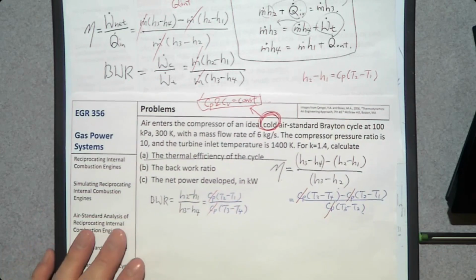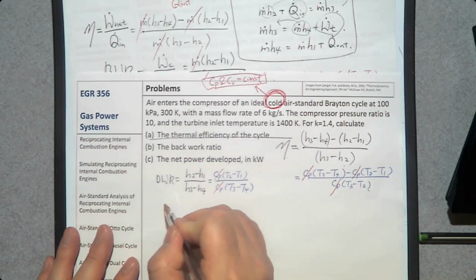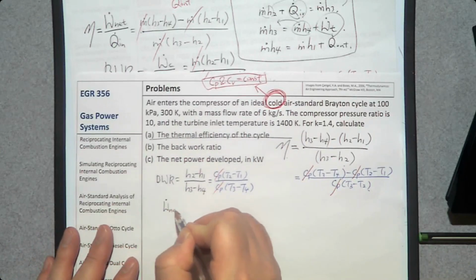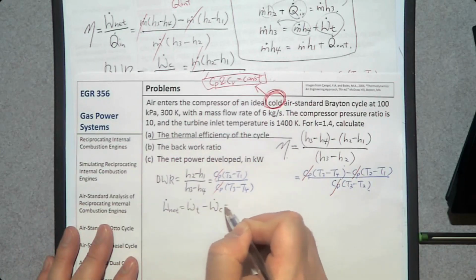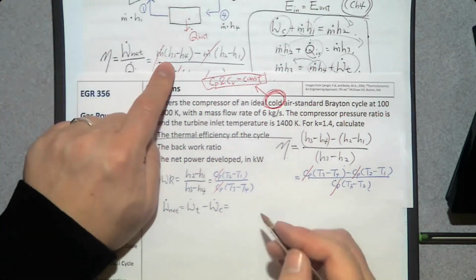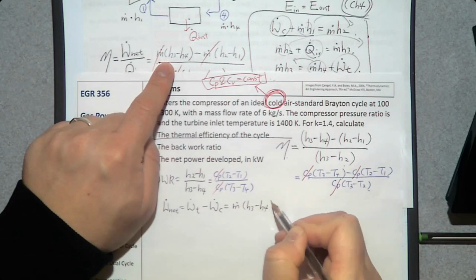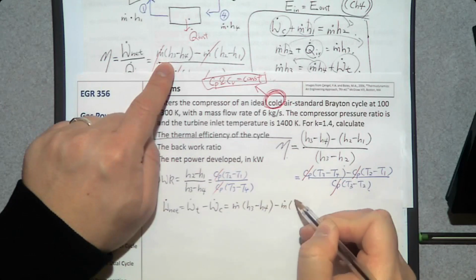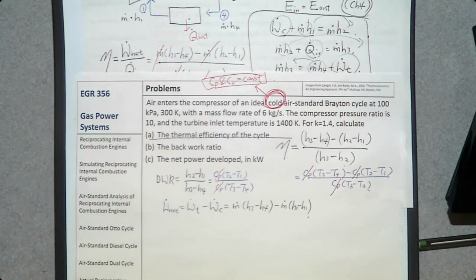What about the net power? The same thing continues. The net power W dot net is going to be W dot T minus W dot C. So where is W dot T? Here. m dot (h3 minus h4) minus m dot (h2 minus h1). Are we going to determine h?